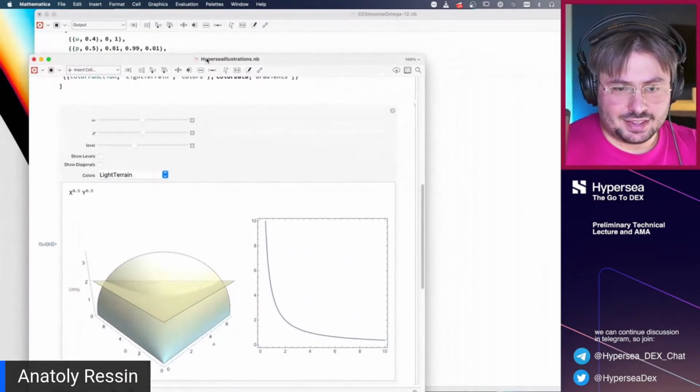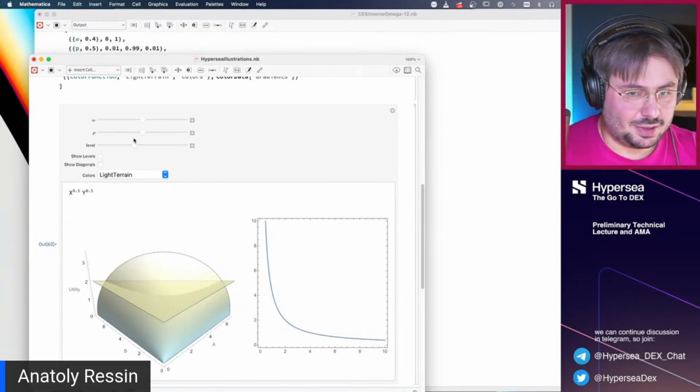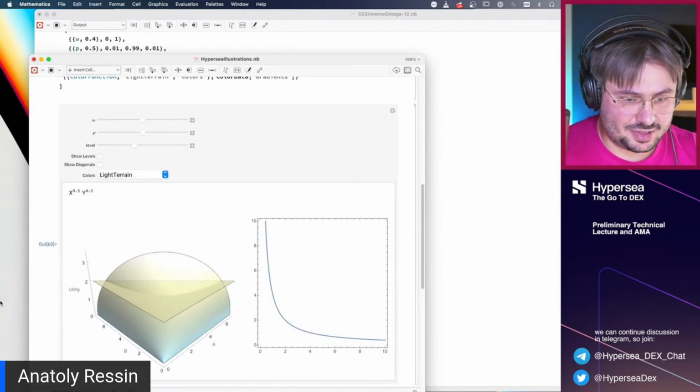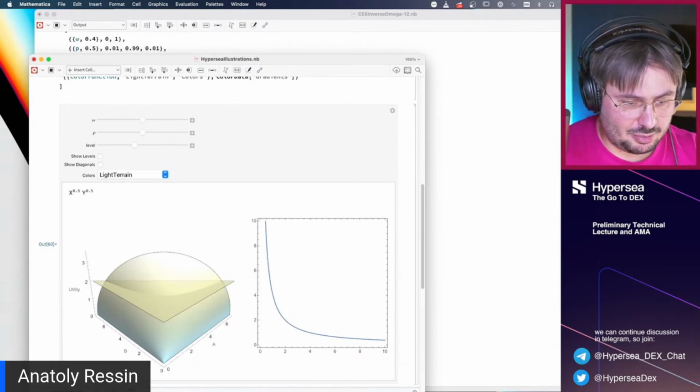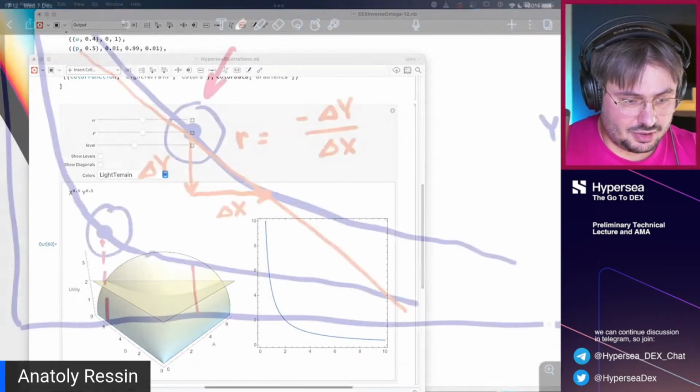I would say I lost an interactive example that I had prepared, and I cannot find it immediately, but I can show it in this way.